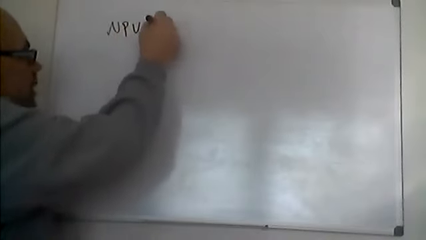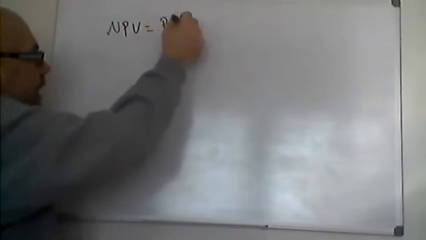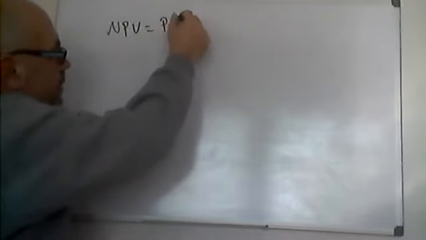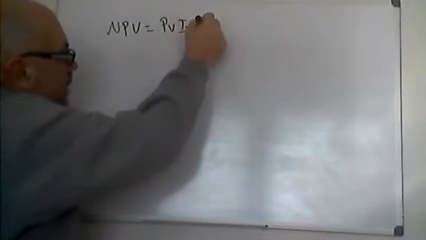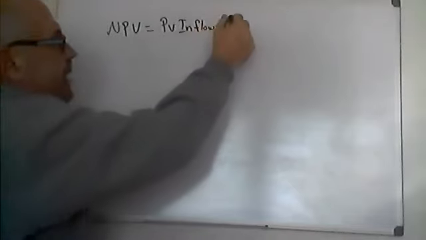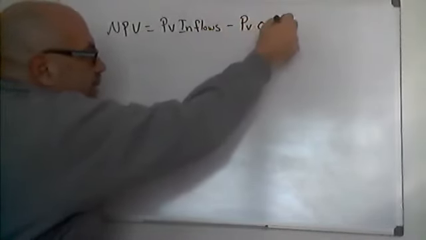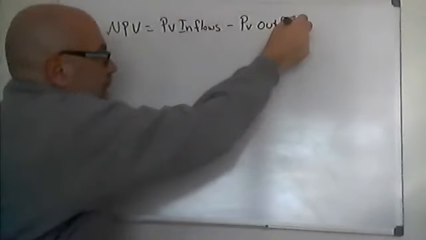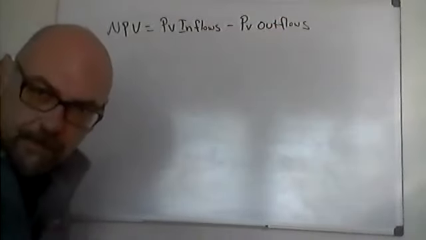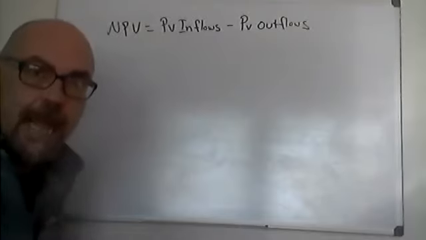So our net present value is going to equal the present value of the inflows minus the present value of the outflows. And we want that to be a positive number.